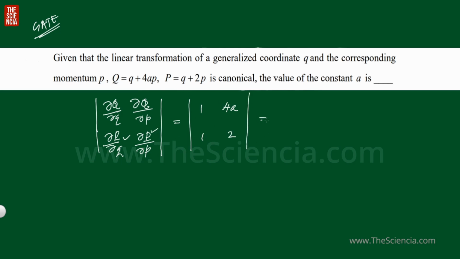So this is equal to 2 minus 4a. The question specifies they are canonical, so this should be equal to 1, right? Therefore 4a equals 1, therefore a is equal to 1/4, that is 0.25.